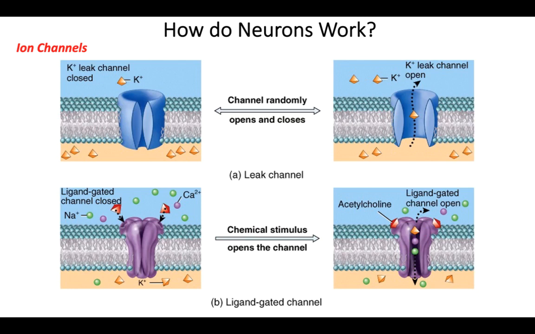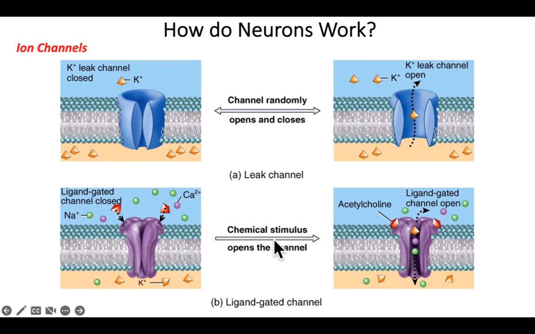They're just channels that do not need some sort of stimulus to open them. They're kind of randomly open and close, and they might let a particular ion move through the membrane. So for example, this shows a potassium leak channel. It is allowing this potassium ion to move out of the cell.